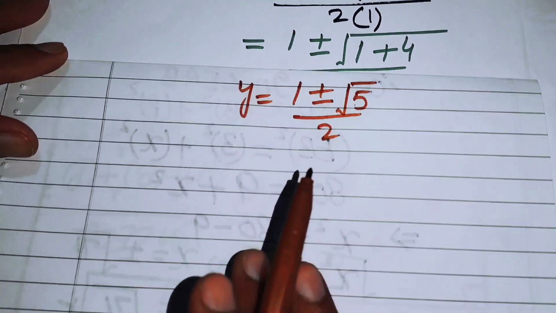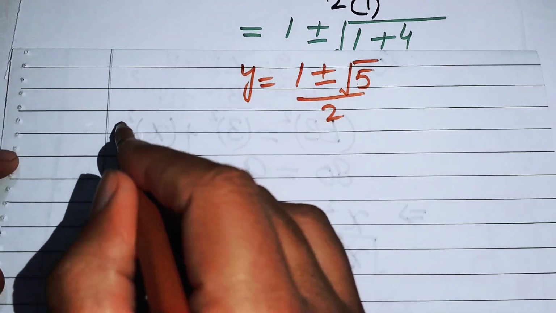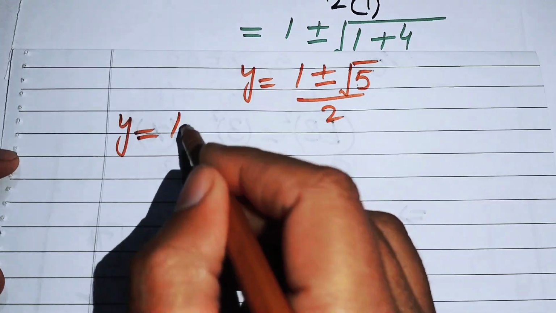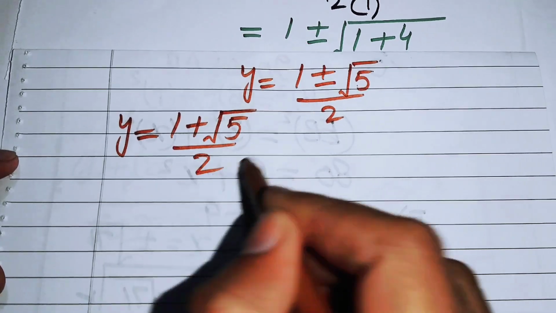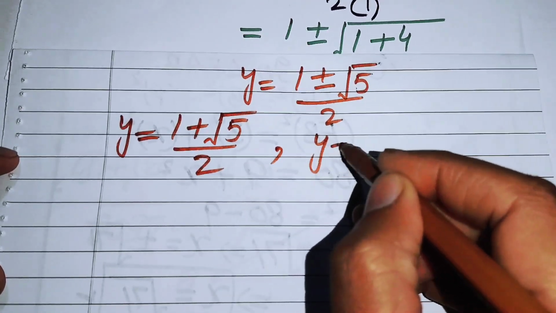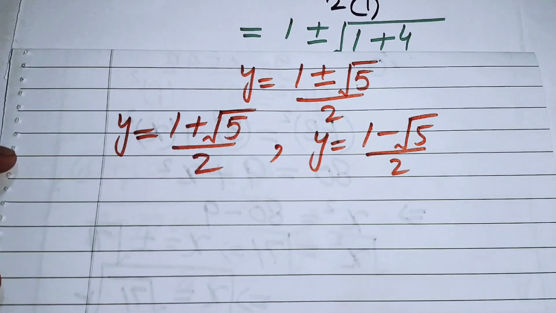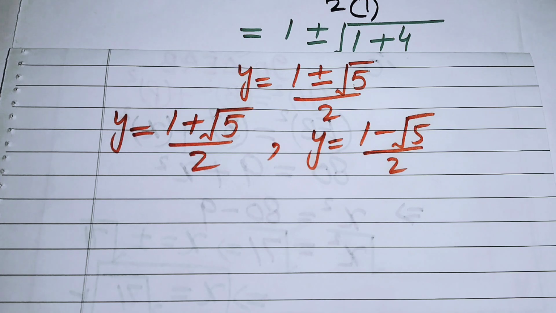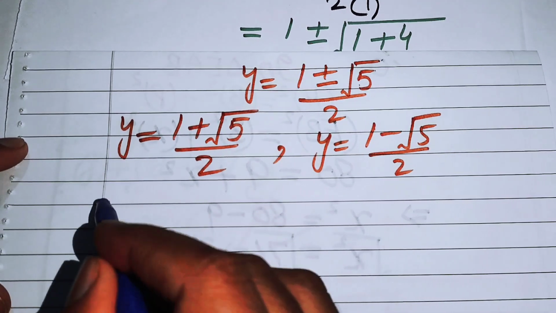So now we divide these values into two cases. Here we write the positive value, which is 1 plus square root of 5 over 2, and here we write the negative value, which is 1 minus square root of 5 over 2. And now we back substitute the values of y, and in the start of the problem we put y equals square root of n.